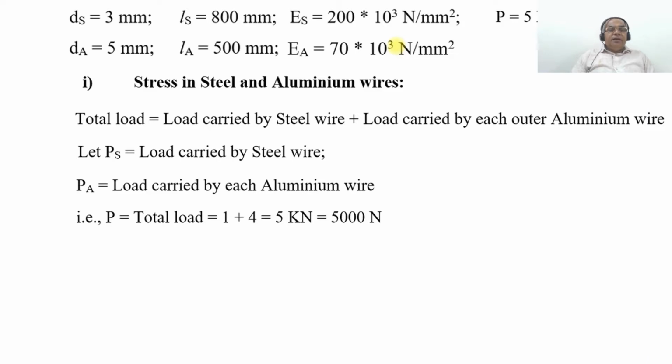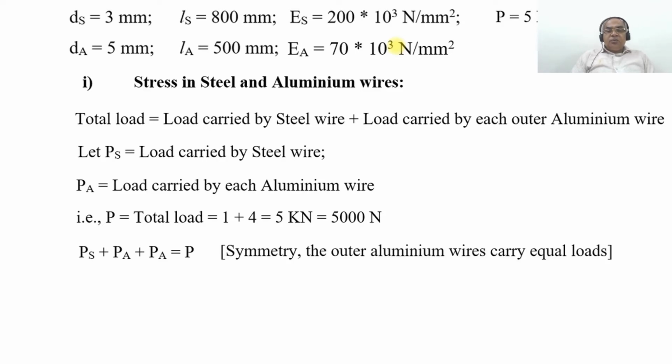Therefore, P, the total load, is equal to 1 plus 4, which is 5 kilonewton. 1 is the rigid plate load plus 4 kilonewton applied at the midpoint. Therefore, 5 kilonewton is 5 into 10 to the power of 3 Newton, or 5000 Newton. So PS plus PA will be equal to P.